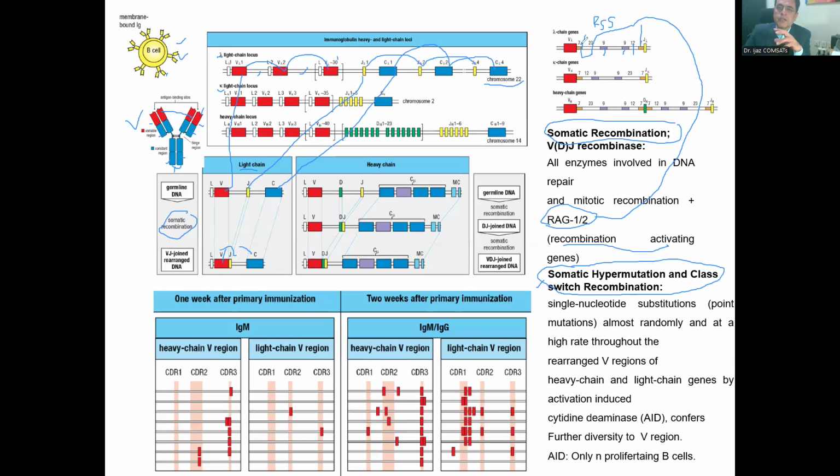So the enzymes are signaled by these 9 base pair or 7 base pair sequences. The enzyme goes there, binds to these sequences, and then makes a double-stranded break in the DNA strand, and in this way these segments are brought together.